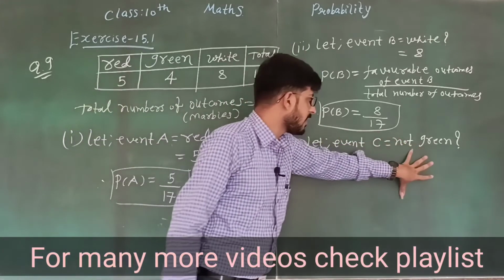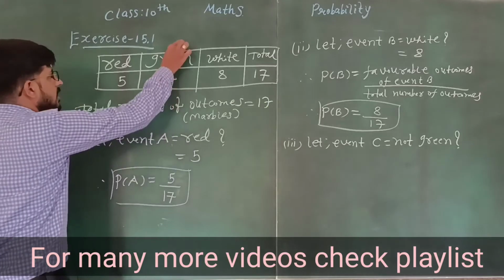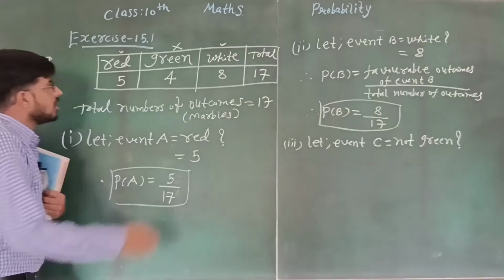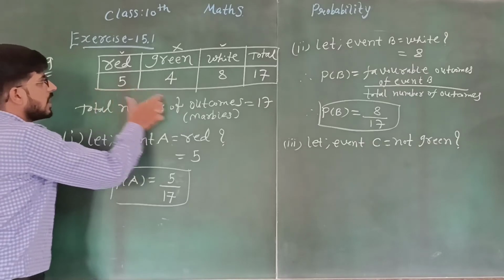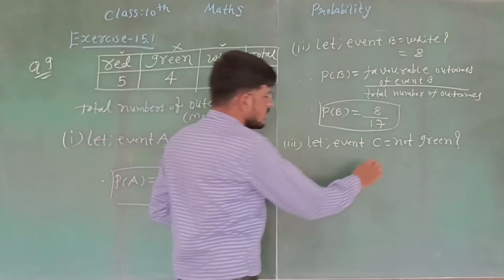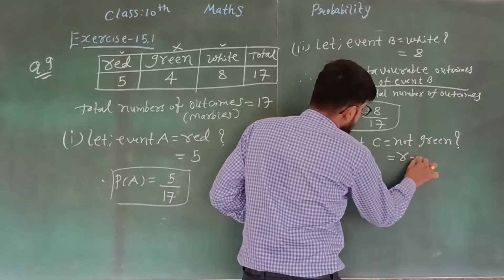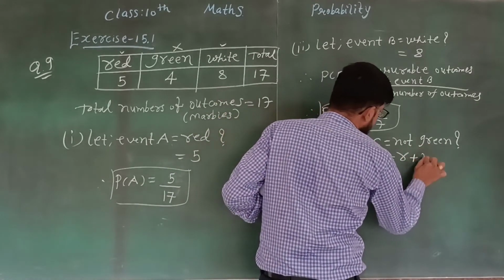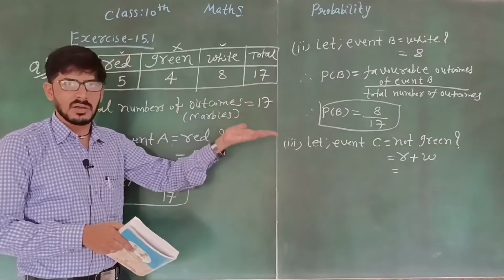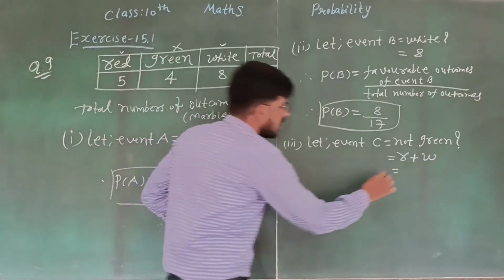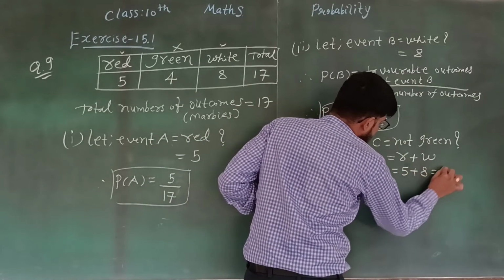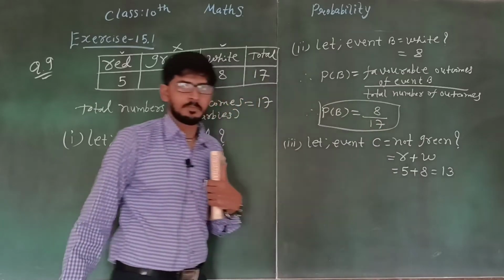Or not green marble means red or white, yes or no? Red marbles are 5 and white marbles are 8, so we get 5 plus 8, which is 13.